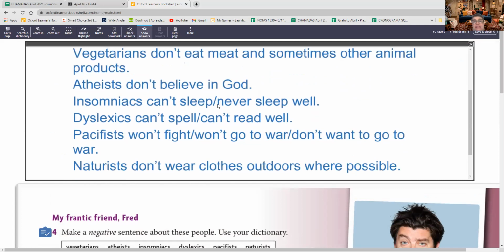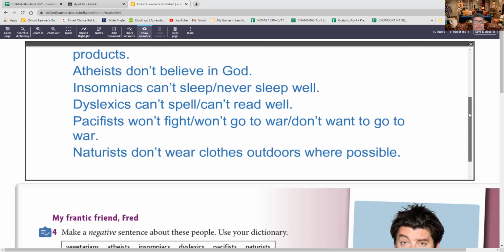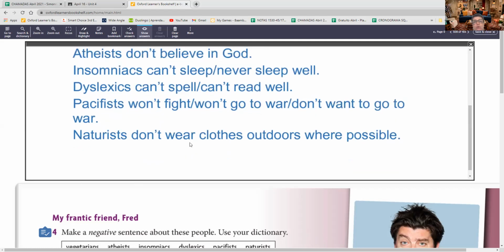Insomniacs can't sleep or never sleep well. Okay, it's another option. Dyslexics can't spell or can't read well. Spell is write words appropriately. Okay, guys. Pacifists won't fight or won't go to war or don't want to go to war. Naturists don't wear clothes outdoors where possible. All right?